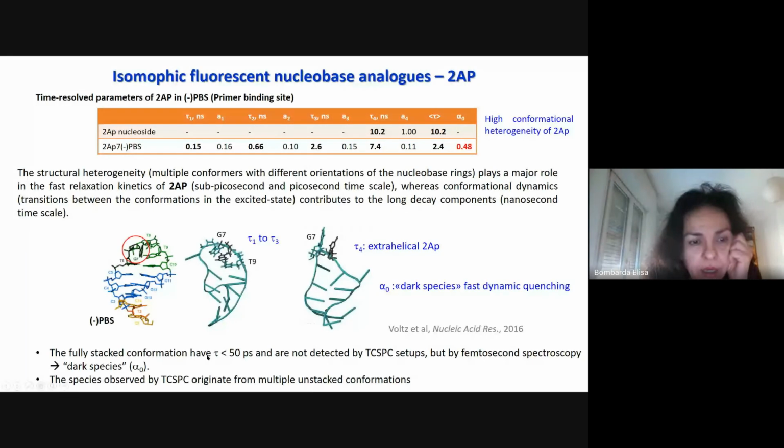Of course, with the TCSPC technique, which we were talking about, so time-resolved fluorescence, a very short lifetime is not detected, and that's why everything that has a lifetime shorter than 50 picoseconds is considered a dark species.